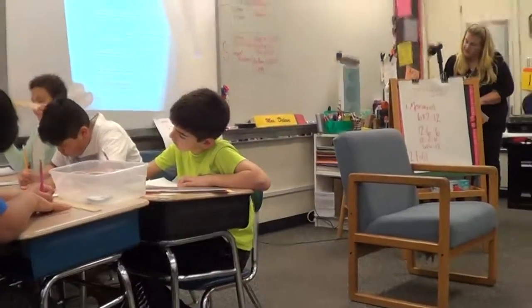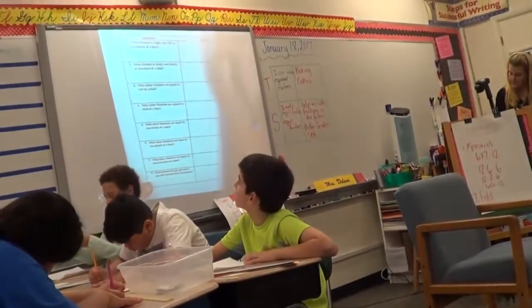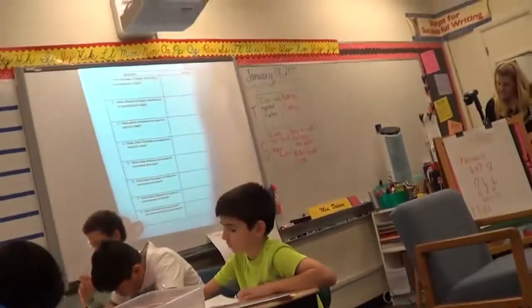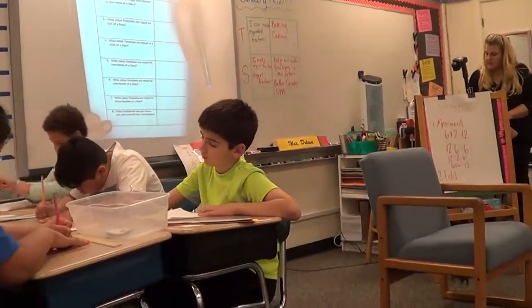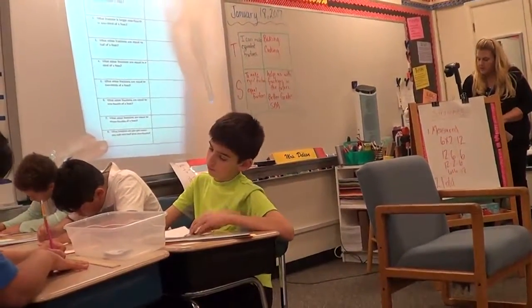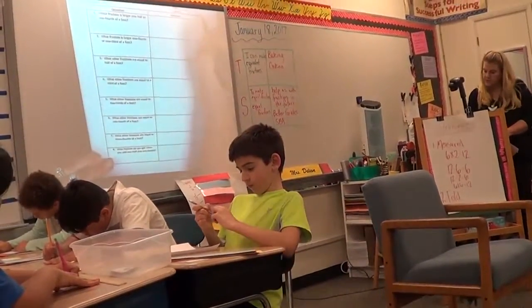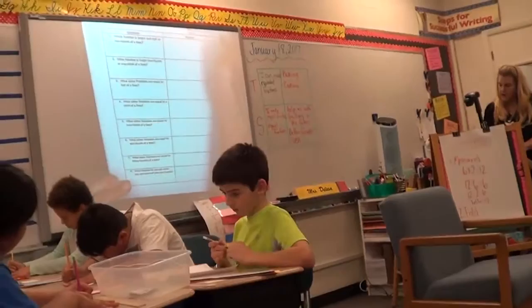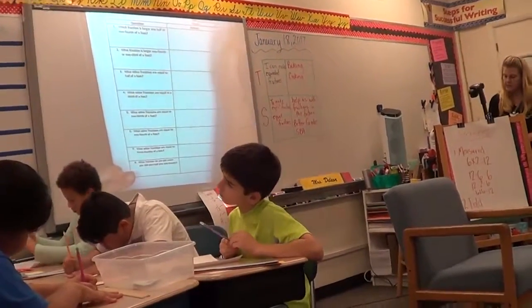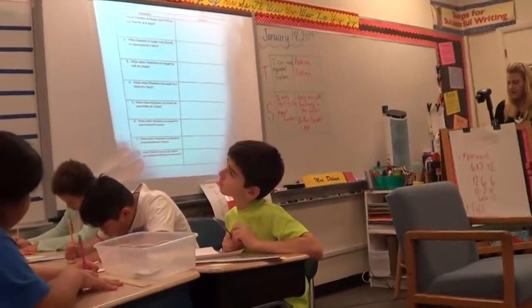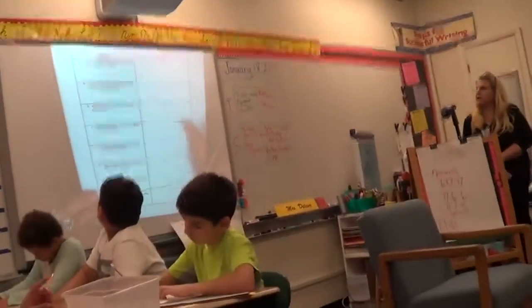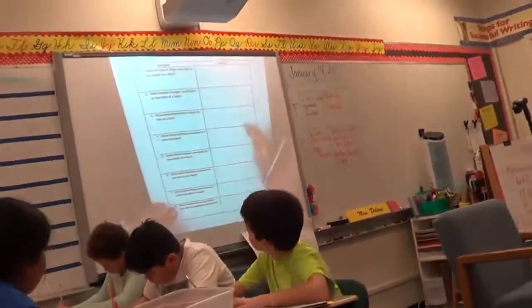That would be your first and last name, and the date spelled out, January. Of course it's written on the board, January 18, 2017. And this is an activity in fractions.